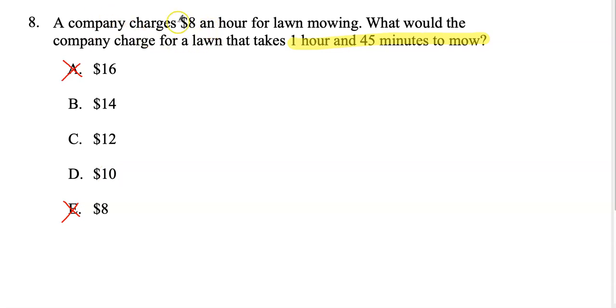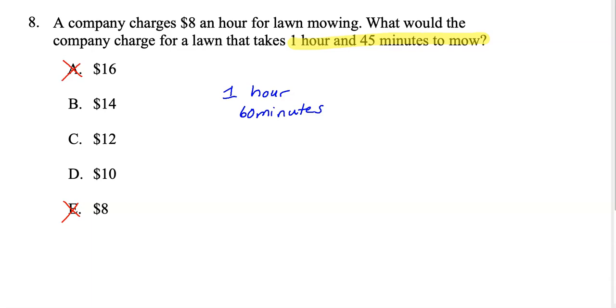But let's break this down here. It says every hour, so I'm going to write down 1 hour. By the way, isn't 1 hour the same as 60 minutes? There's 60 minutes in an hour, right?